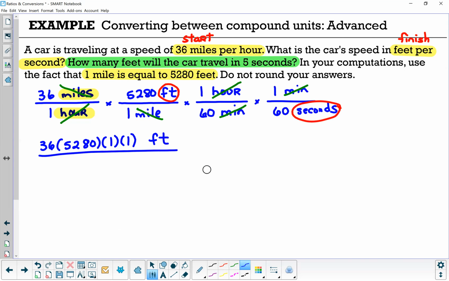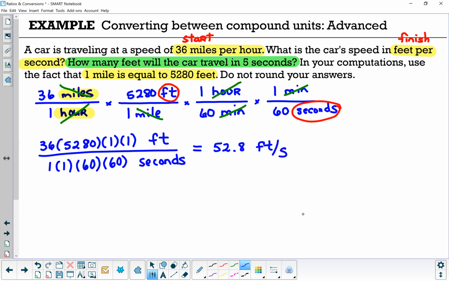Okay, in the denominator, we have 1 times 1 times 60 times 60 over the units of seconds. Okay. All right. So when you multiply and divide that out, you get 52.8 feet per second.